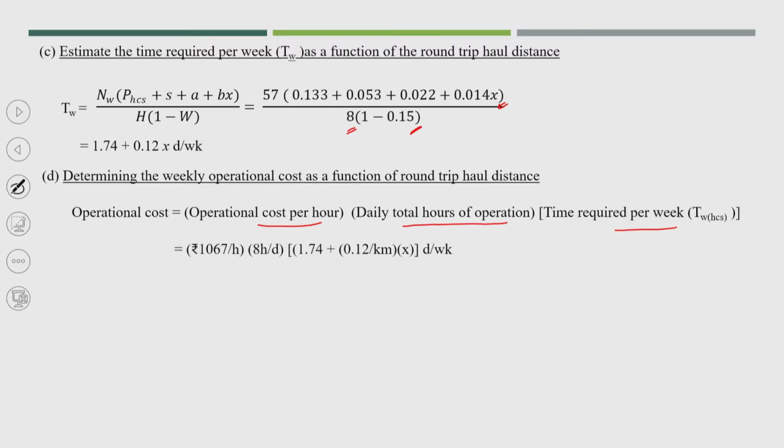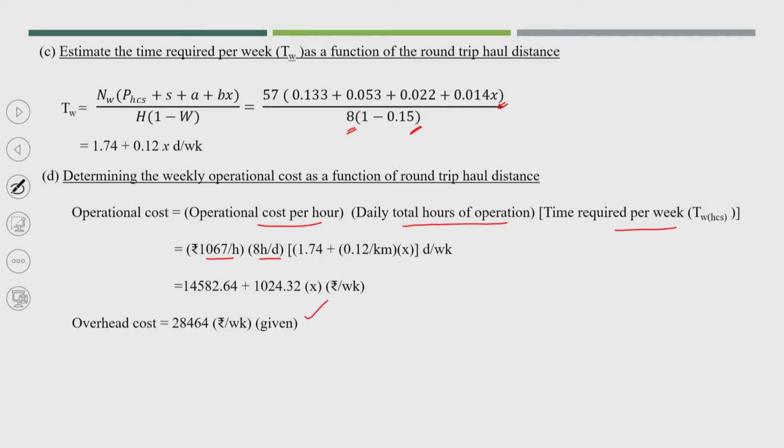The operation cost per hour is given, this is 8 hours of daily operation, and this is the TW value we calculated. So the equation for the operation cost will come out as 14,582.64 plus 1024.32x.